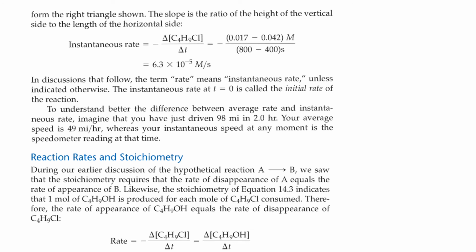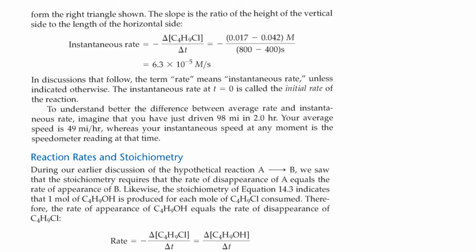So the instantaneous rate is the negative change in butyl chloride over time, which is negative 0.017 minus 0.042 molar over 800 minus 400 seconds, which is a rate of 6.3 times 10 to the negative 5 molarity per second. In discussions that follow, the term rate means instantaneous rate unless indicated otherwise.